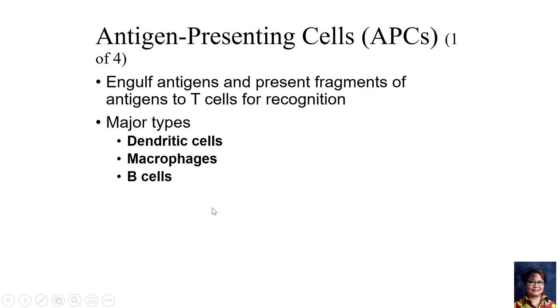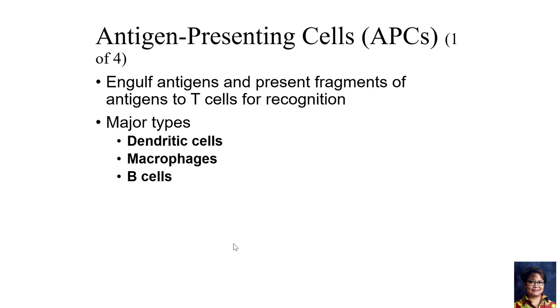So let's take a look at the antigen presenting cells. And this is what I mentioned to you as my heroes. We're not anymore in the major histocompatibility complex. Let's go into a type of cell which is called the antigen presenters.